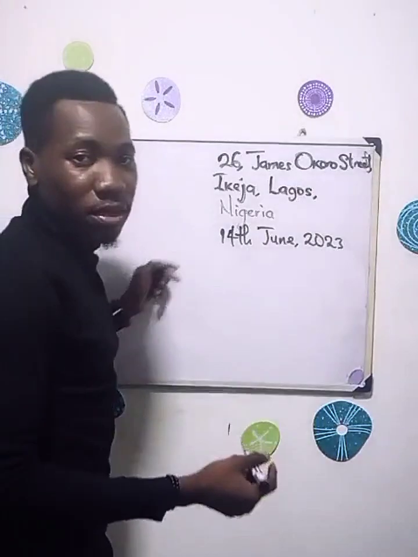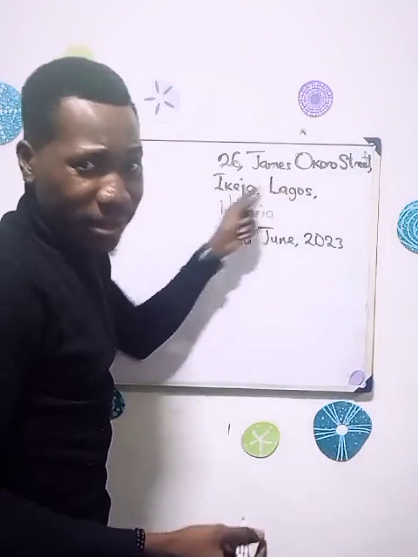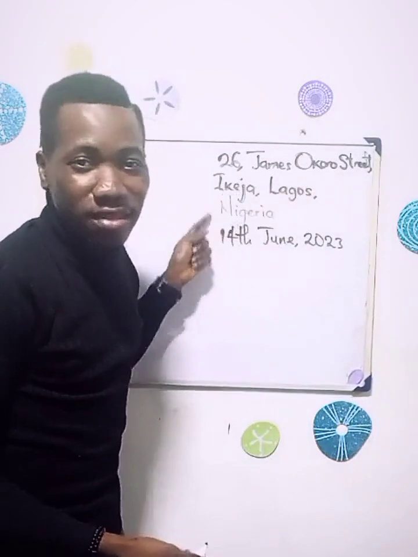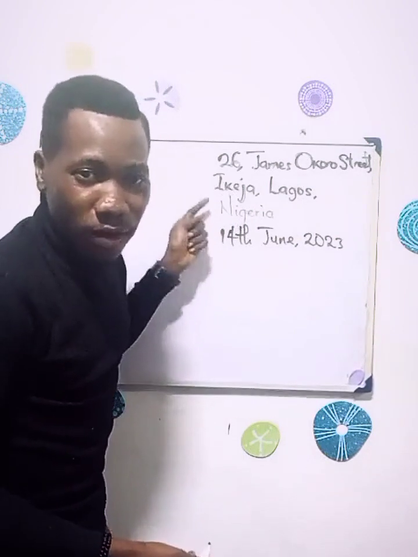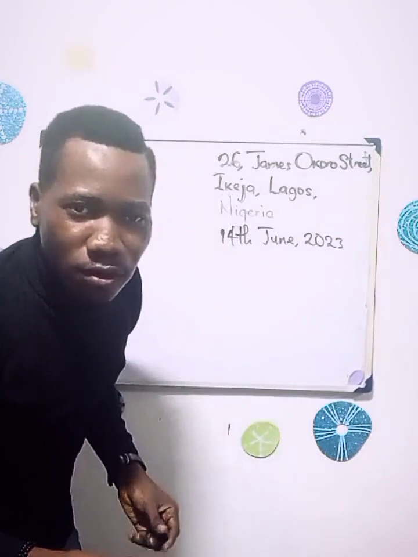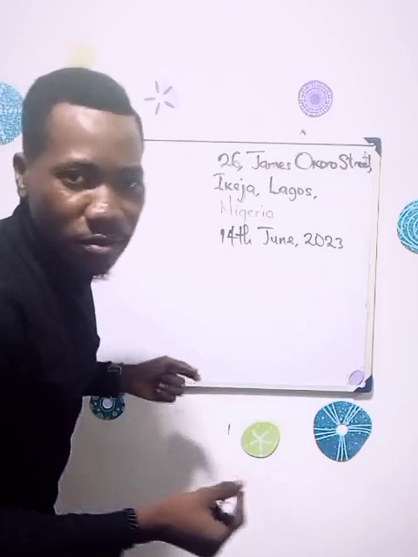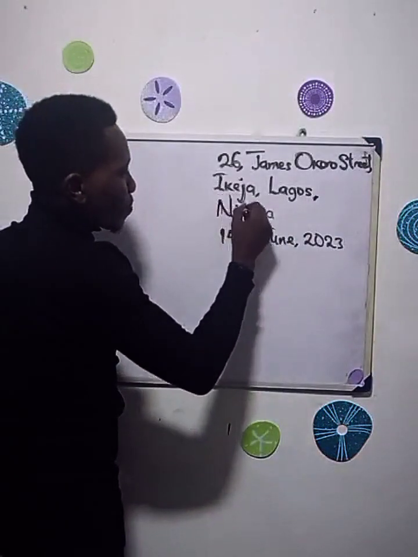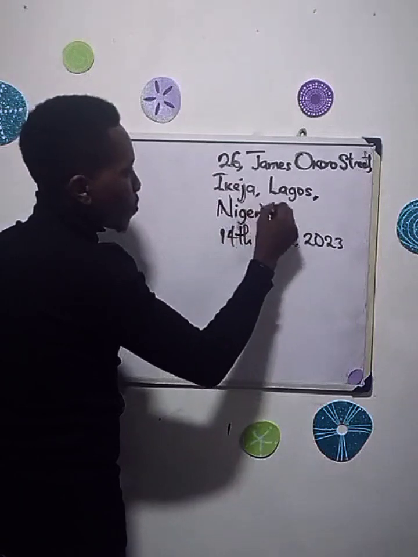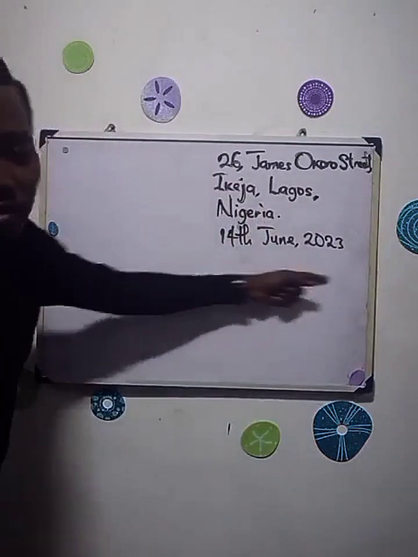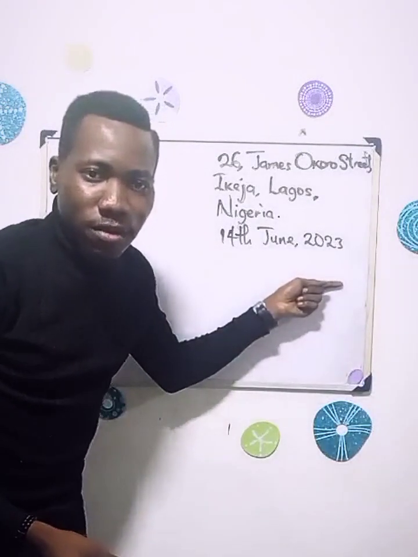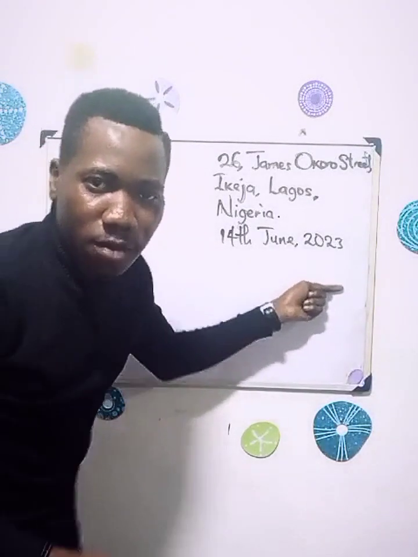If you have the local government, you may want to include Ikeja's local government before the state, Lagos, and before the country, depending on the details you have. Yes, your writing is very clear, thank you. So Lagos, then Nigeria, full stop. Now this is my date. So what's the next thing that should come? Correction. Eric, Dorcas, what's the correction, please?